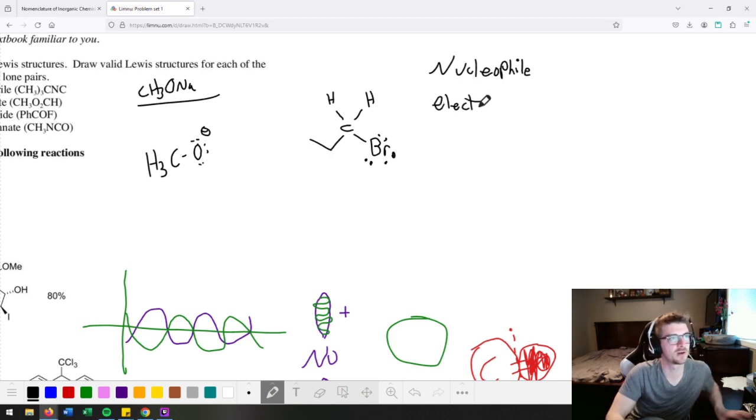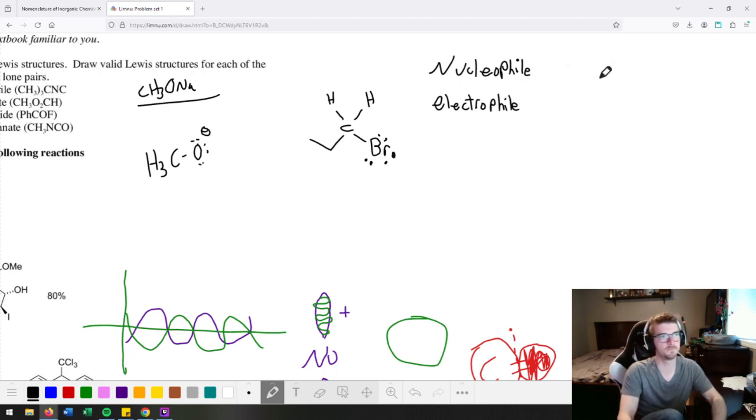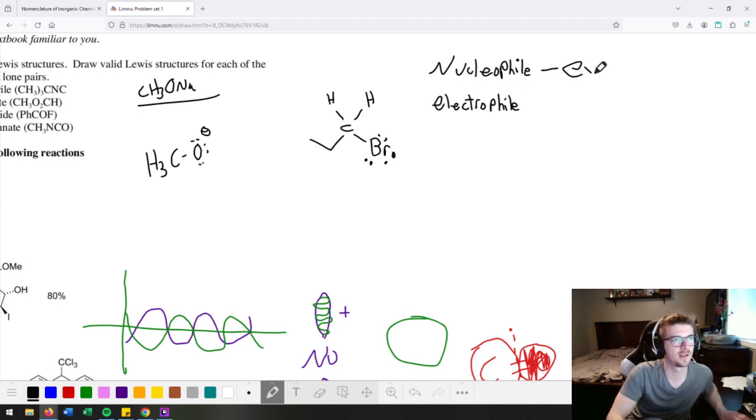I'll explain what those are momentarily once I finish writing them. So nucleophiles are species that have excess electron density, e minus being the abbreviation for an electron. So excess e density.